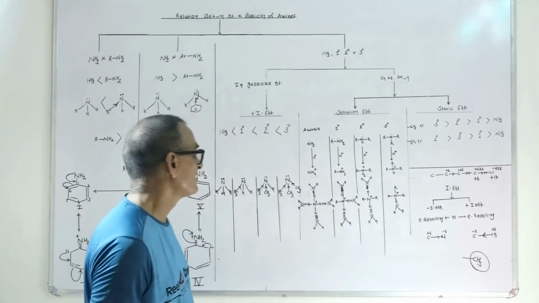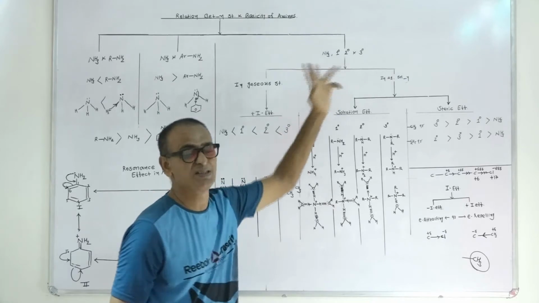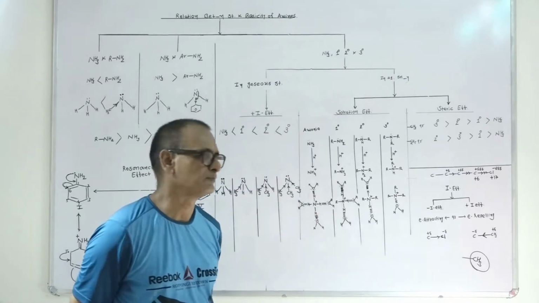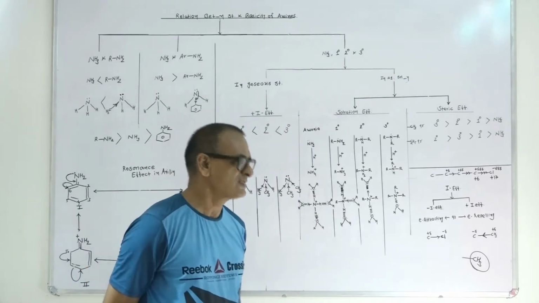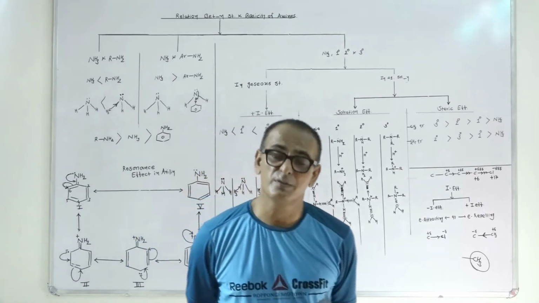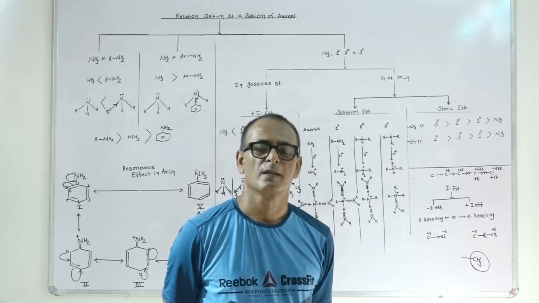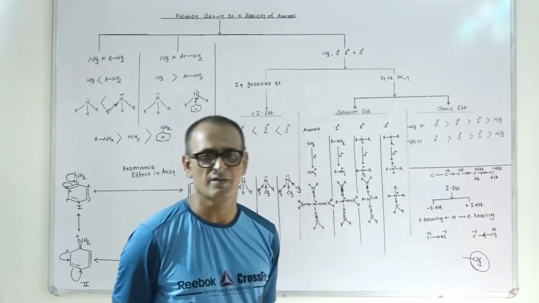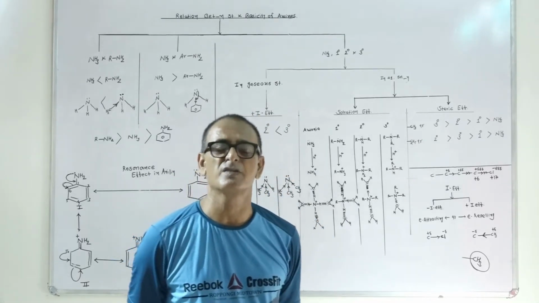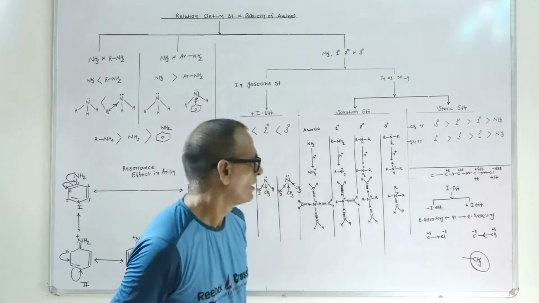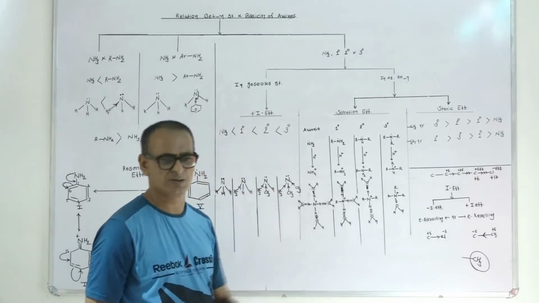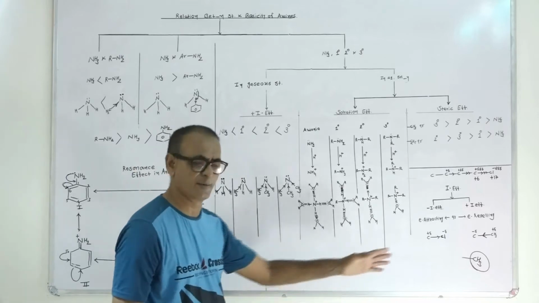That's why all these compounds possess basic property. But in these compounds, which one is more basic, which one is less basic? If you want to determine by using plus I effect, we can determine which one is more basic, which one is less basic. Now you see, methyl group is electron repelling group.